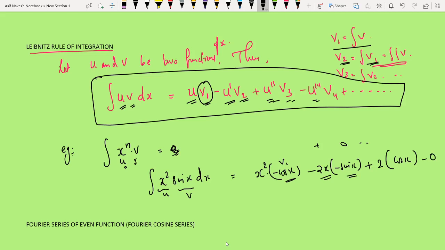Minus u triple dash is 0, so all further terms become 0. This gives the integral. This is useful if we have functions of the type x raised to n times some function.